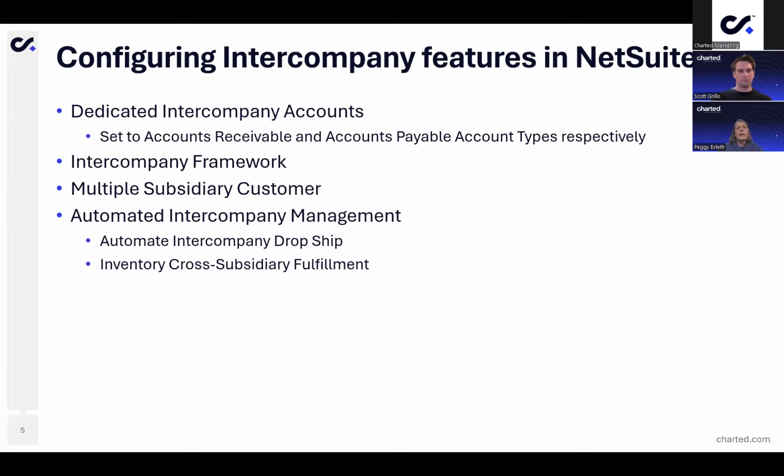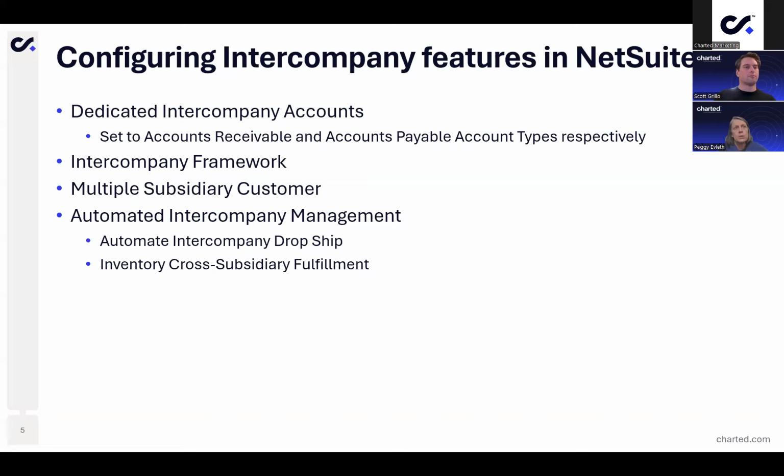The other thing that you have to set up as a feature is the multiple subsidiary customer. That's because the intercompany framework and the base functionality will automatically set up intercompany customers and intercompany vendors to use for intercompany transactions. Remember that we've set up intercompany accounts that are payable and receivable types.